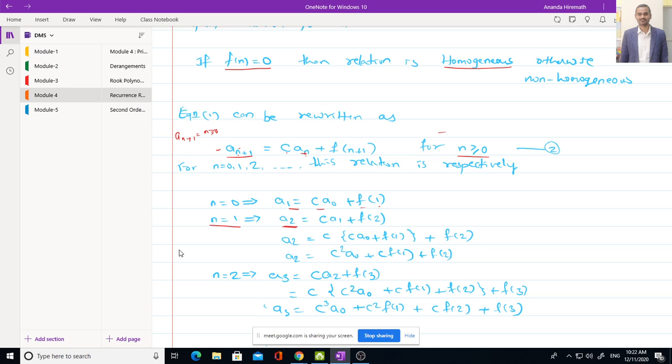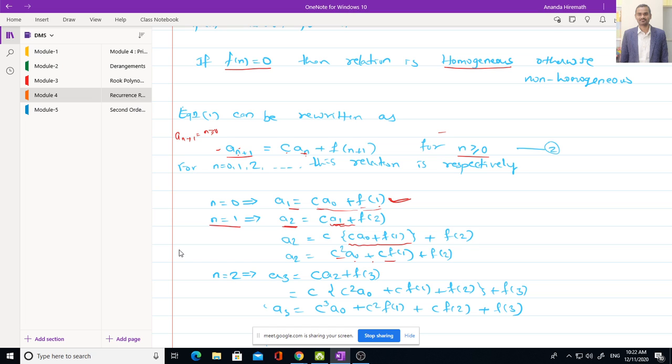Therefore a2 = c a1 + f(2). Now we can replace this a1, since we already have the value of a1 from the previous step. So a2 = c(c a_0 + f(1)) + f(2), which is c squared a_0 + c f(1) + f(2).